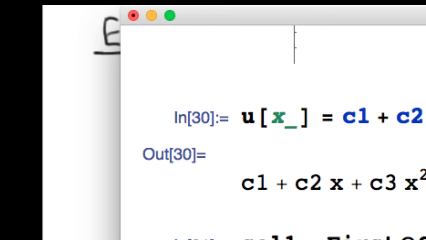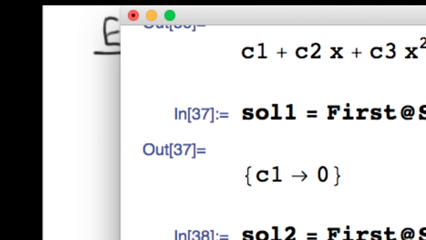All right, so I just assume the polynomial, solve for the coefficients that satisfy the boundary conditions, and I'm just going to substitute those in to this guy. All right, so then I have that, which has two unknown coefficients now, C3 and C4. So I have two equations.